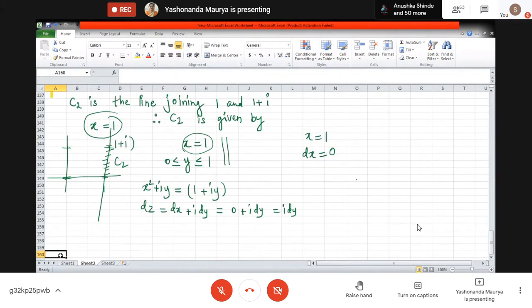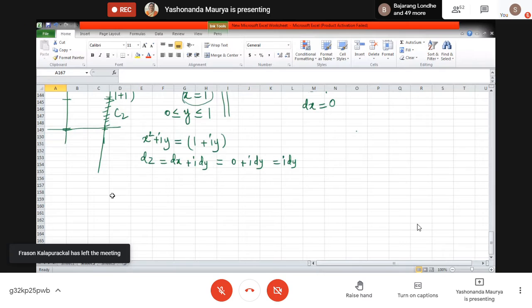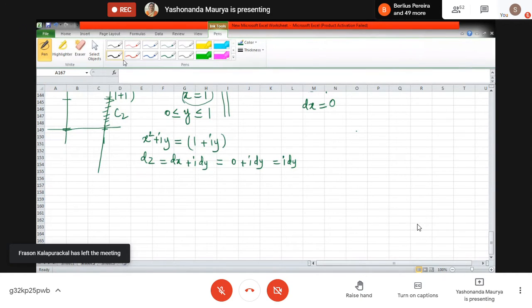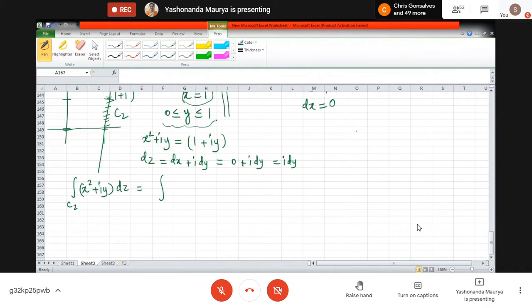Now we can do the evaluation. Therefore, the integration along the curve C2 for x plus iy dz is equal to, limits for y are 0 to 1, and this function is 1 plus iy.